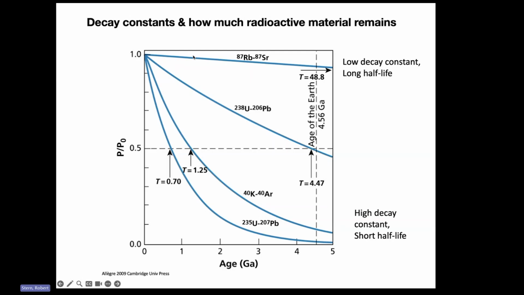Rubidium 87 has a very low decay constant and a long half-life, so it hasn't changed much over Earth history. But uranium-235, man, we've got just a trivial fraction of that remaining from what was originally present on Earth, and likewise with potassium-argon. Okay, that makes sense.